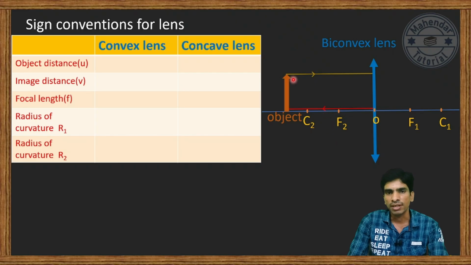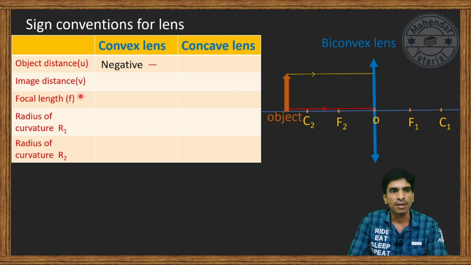The direction of the incident light is towards right and the direction of the measurement is towards left. It means the measurement is opposite to the incident light. In that case, we take object distance for this convex lens as negative, a minus sign. Suppose the object is at 30 centimeters, we will take minus 30 while doing the numerical.